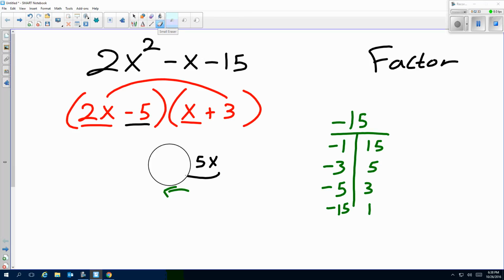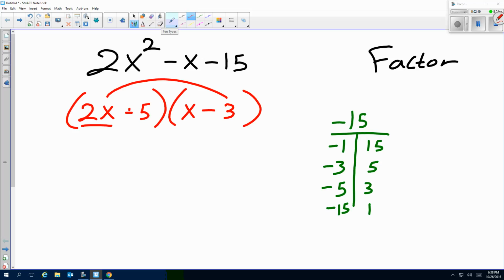So lastly, you should have gotten really frustrated by this point, but hopefully you didn't give up. And you realize, well, if I just did a little editing, and instead of making this positive 3, made it negative 3, and instead of making this negative 5, making it positive 5, then we can look and see. 2x times negative 3 gives you negative 6x, and 5 times x gives you positive 5x, which when we combine gives you negative x.